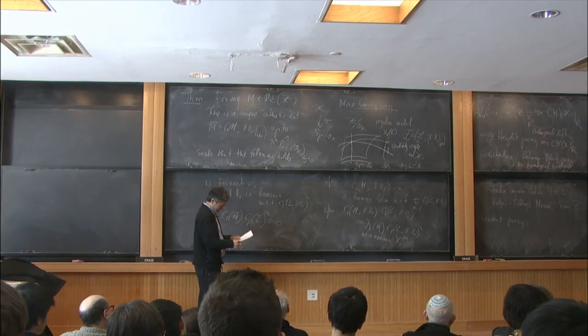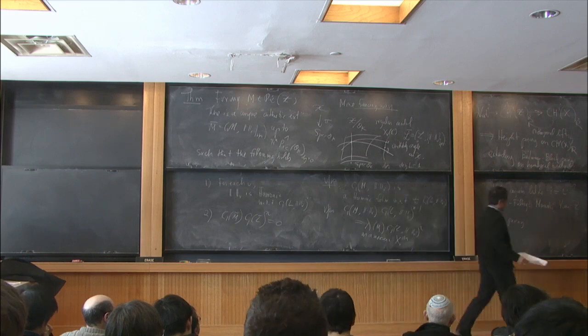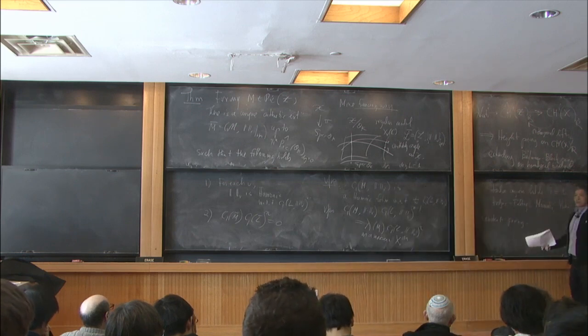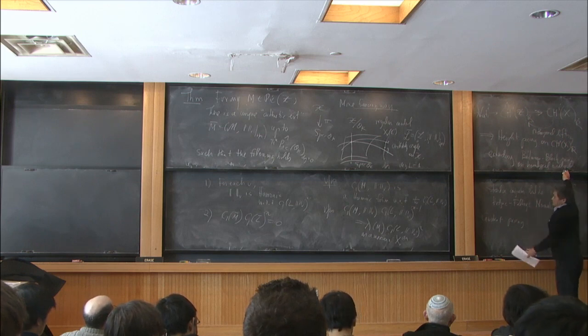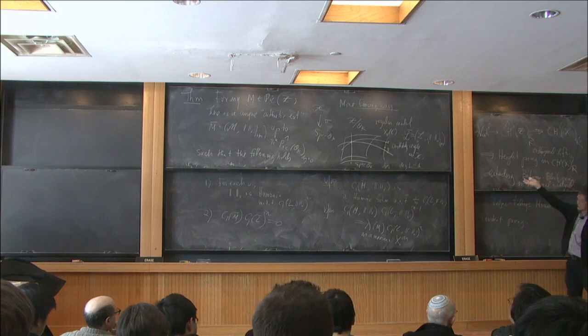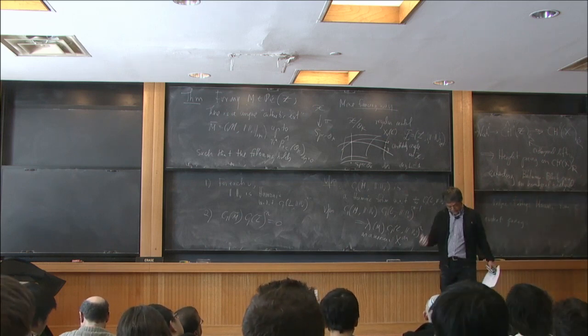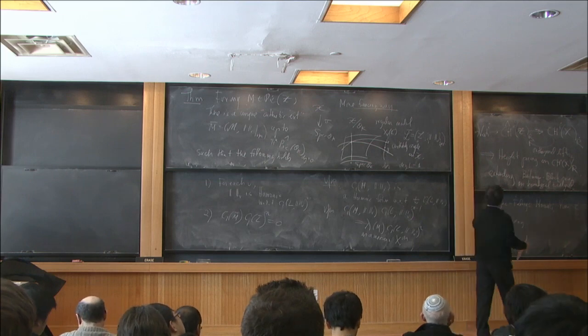Okay, so this is the line bundle case. Somehow we can solve the problem. What I'm trying to say is, for line bundles, you can define a height pairing. And this theorem gives you a unique way to extend, to give any line bundle a metric there.